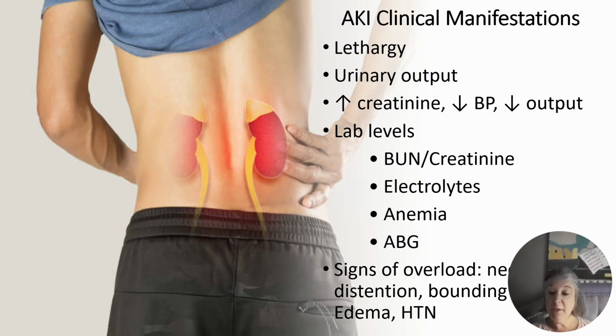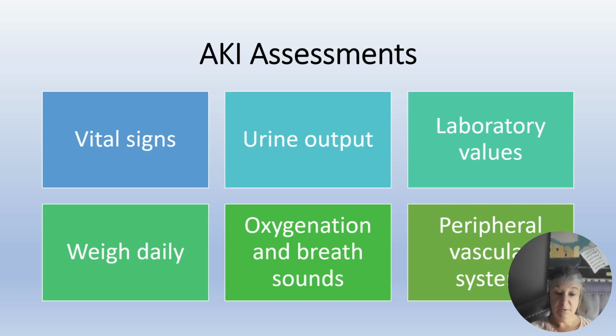We're going to worry about anemia and ABGs with this. Signs of overload. Remember hypervolemia, okay? Edema, maybe hypertension, maybe bounding pulse, neck distension, right? My jugulars are going to be sticking out. So all those signs and symptoms of hypervolemia.